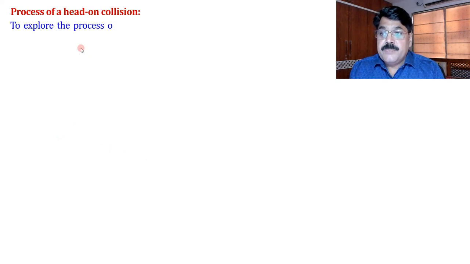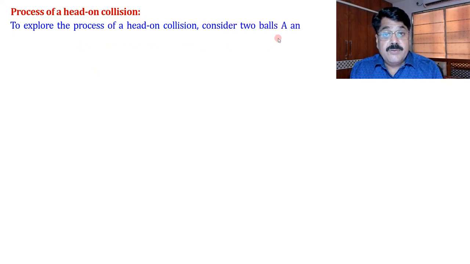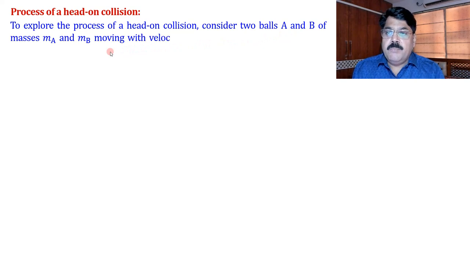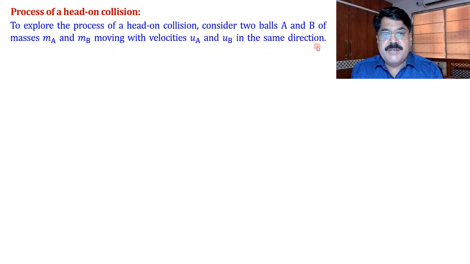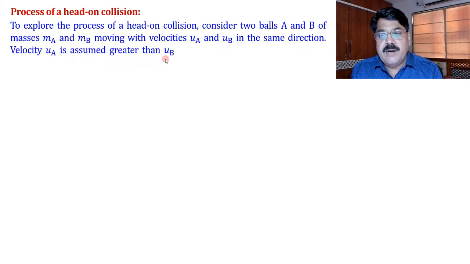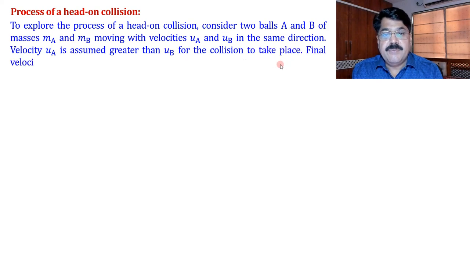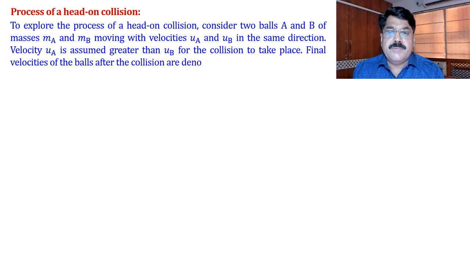To explore the process of a head-on collision, consider two balls A and B of masses mA and mB moving with the velocities uA and uB in the same direction. Velocity uA is assumed greater than uB for the collision to take place. Final velocities of the balls after the collision are denoted by vA and vB.